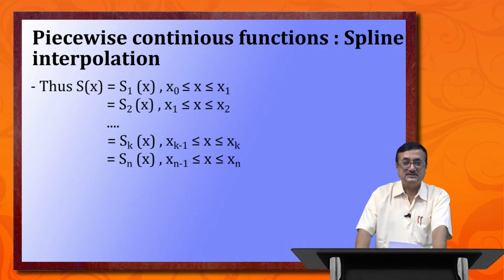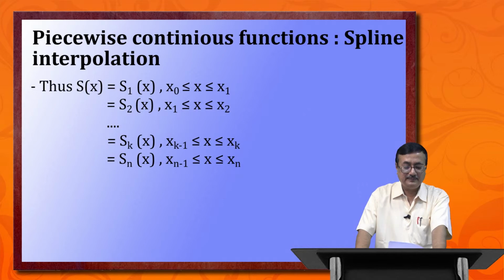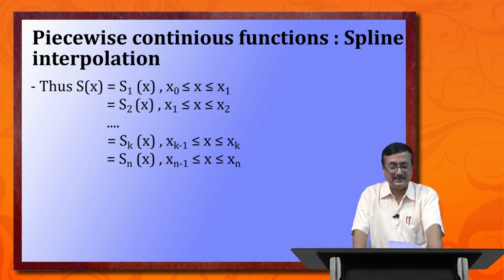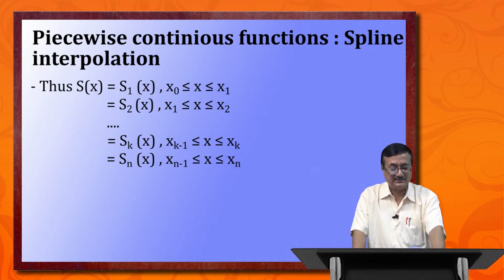Thus S(x) is equal to S1(x) in the region x0 to x1, equal to S2(x) in the region x1 to x2, equal to Sk(x) in the subinterval x_{k-1} to xk, and equal to Sn(x) in the subinterval x_{n-1} to xn.